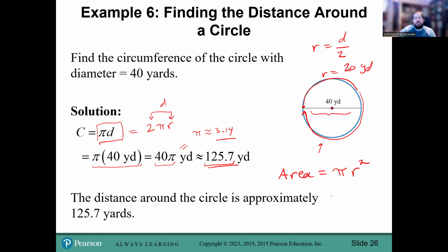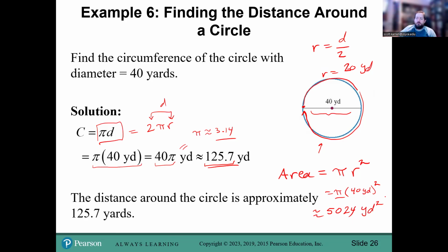So my area here would be pi times 20 yards squared, and that is about 1256 square yards. Again, I've rounded pi to 3.14. This should have decimals that go on forever, but we'll round to 3.14 and call it good enough.